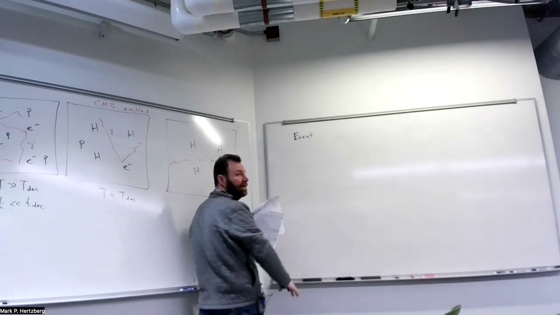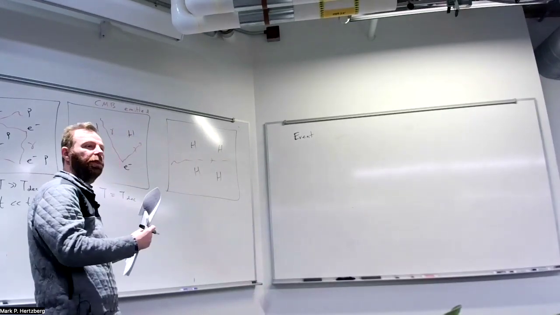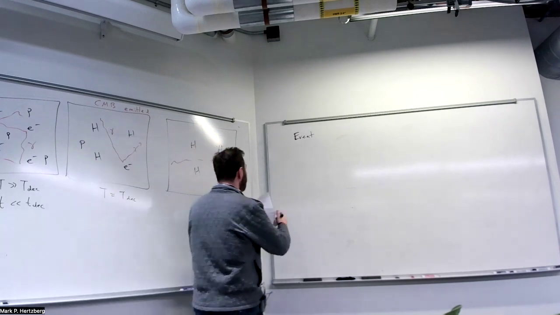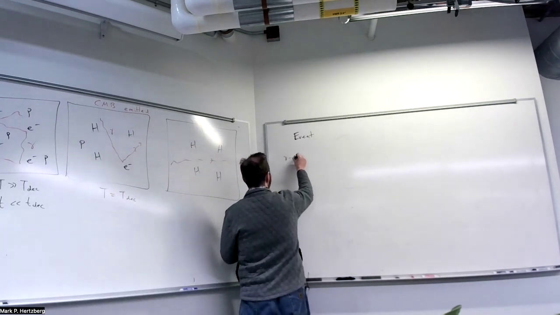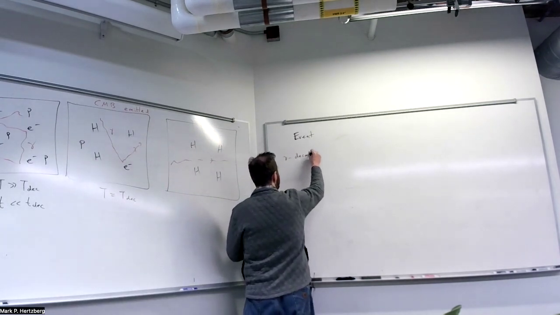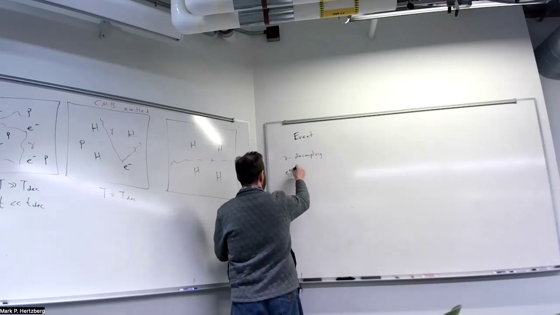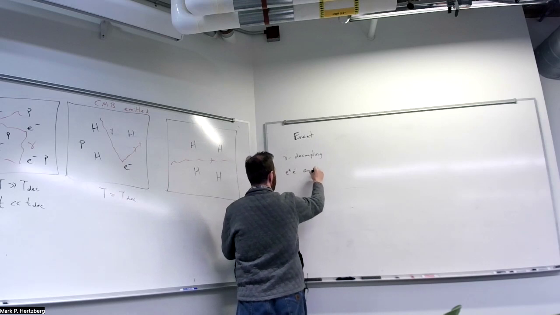So I'm going to list these events of interest from the hot thermal universe down to this era. One was neutrino decoupling. And then very soon afterwards, e plus e minus annihilation.